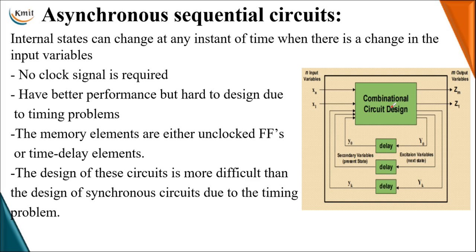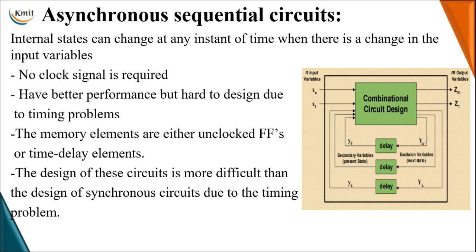After a certain time delay, when the input changes, the change propagates to the present states. Through some delay elements, you can obtain stable states at the output of the asynchronous sequential circuit. Since it doesn't have a clock signal, we have to wait for a certain time delay.